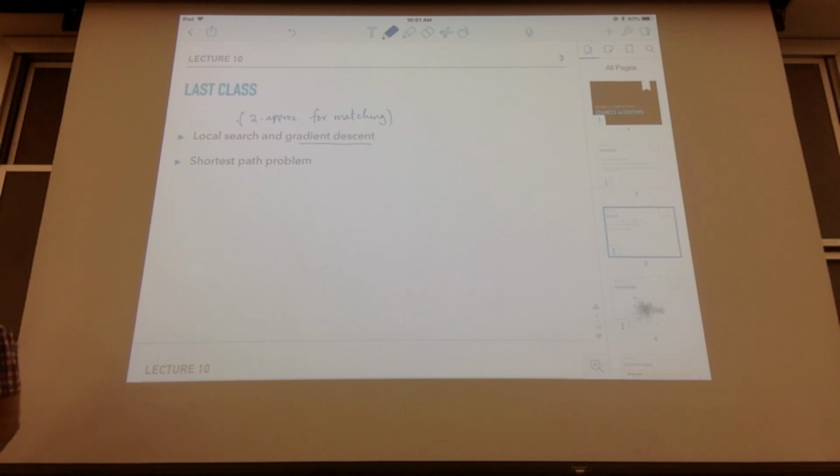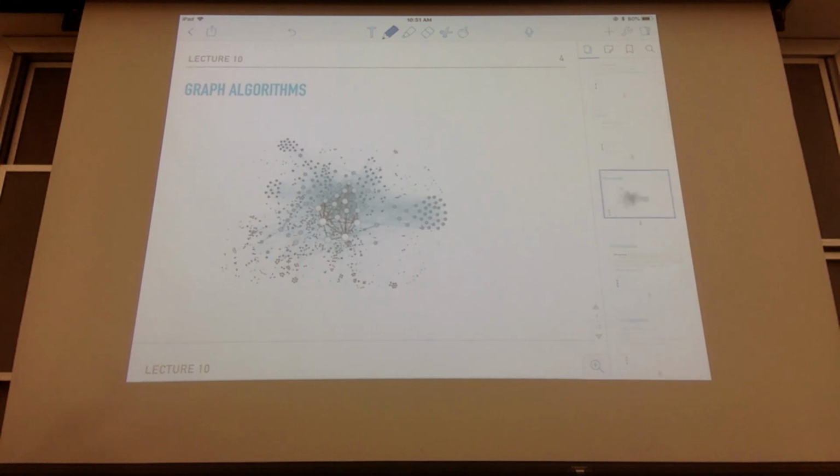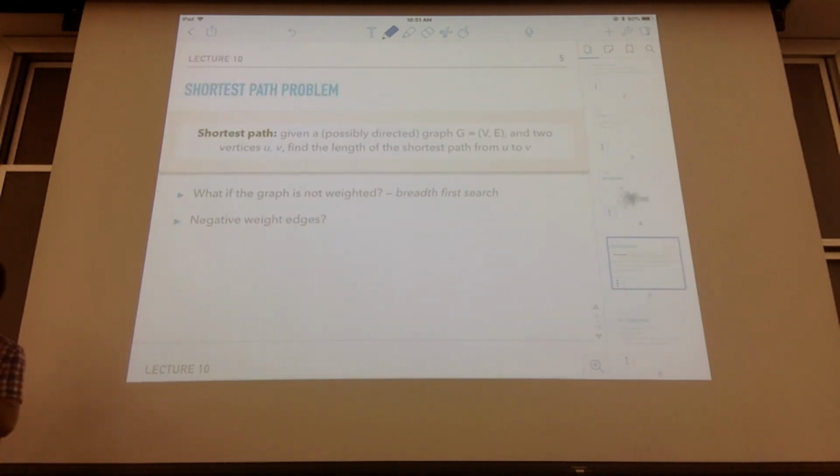Okay, and then we started talking about the shortest path problem, which is a graph problem. You have a directed graph with edge lengths, and you're given some u and v, and your goal is to find the shortest length path from u to v. Okay, so you're not interested in the number of hops, you are interested in the total length. So that's the shortest path problem.